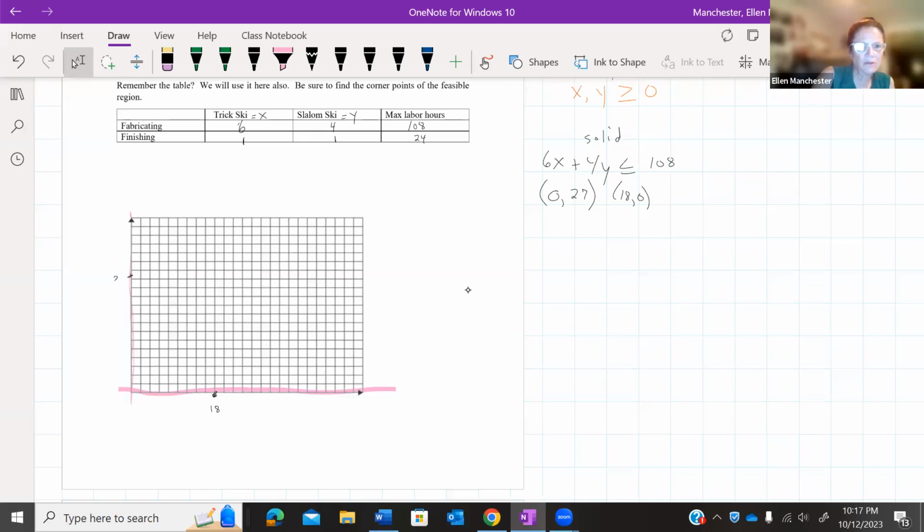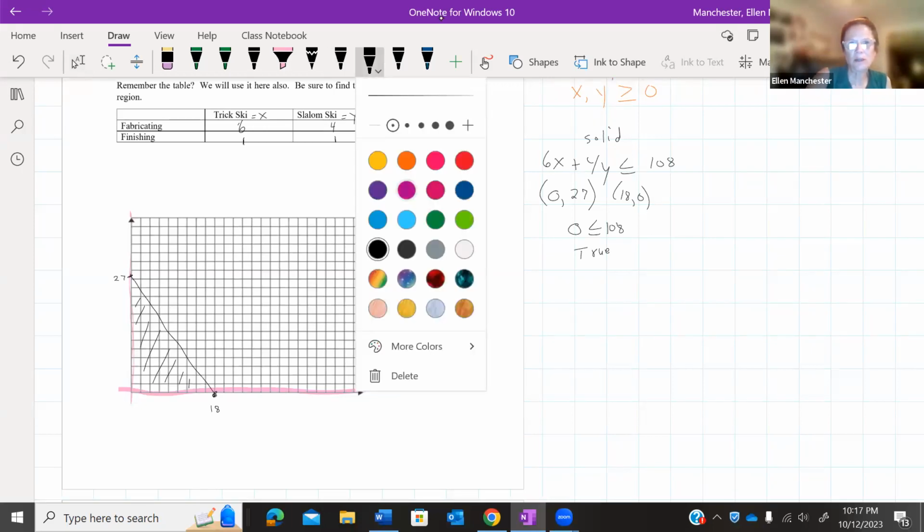So 27 is right about there. So I'm going to create my line. Shade 0 is less than or equal to 108. This is a true statement. So we're going to shade below. Okay. Now I'm going to change my color.